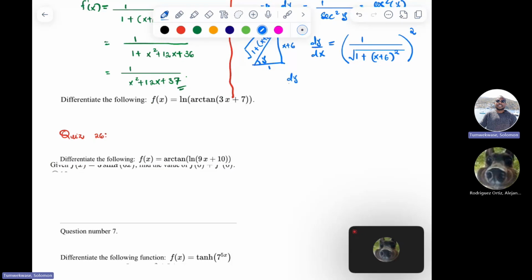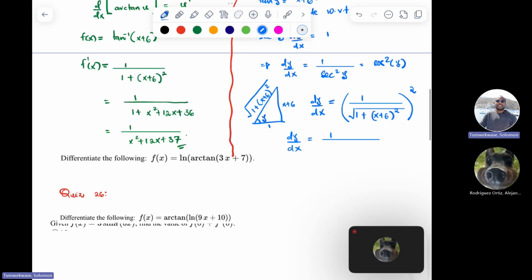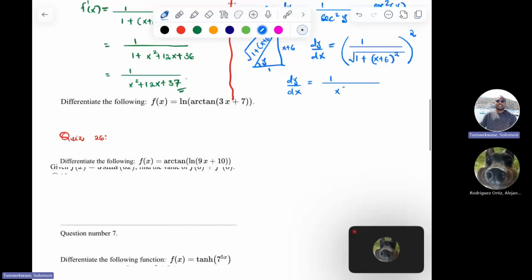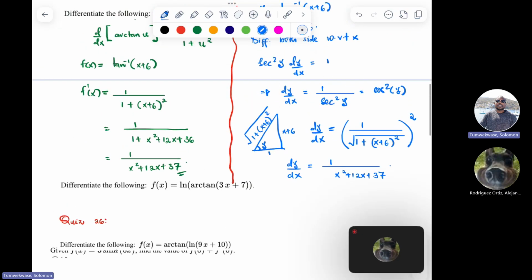And you see that when I do that, I'll get 1 over, the square root will cancel with the square, so I just have exactly the same thing that I had before, which is x squared plus 12x, then plus 37.